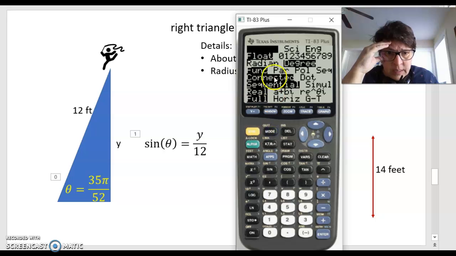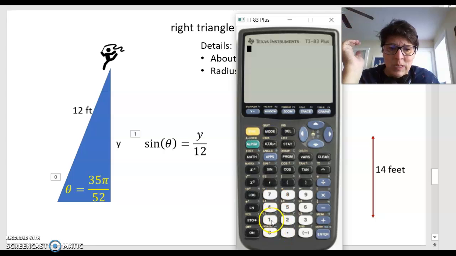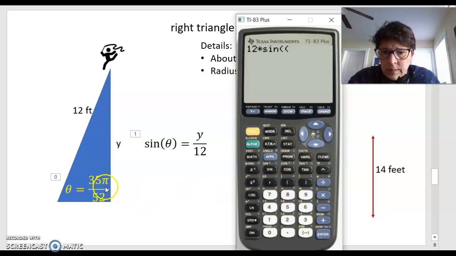Let me change to radian mode. Okay, so 12 times the sine of 35 pi over 52. About this time you're thinking, why isn't it easier to just do degrees? It's about the same.